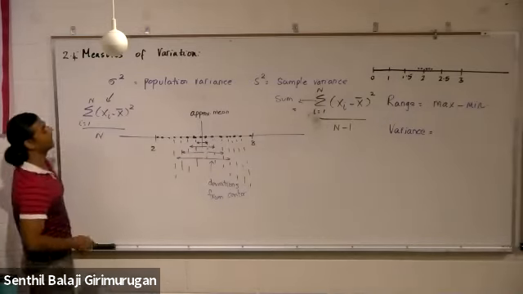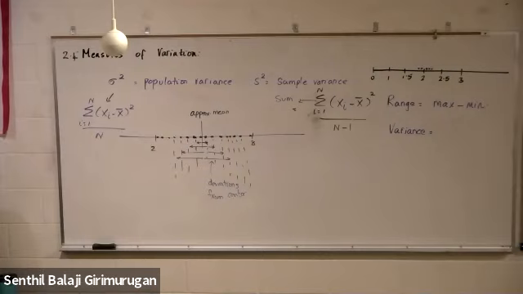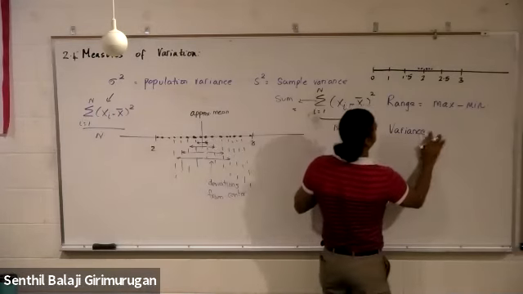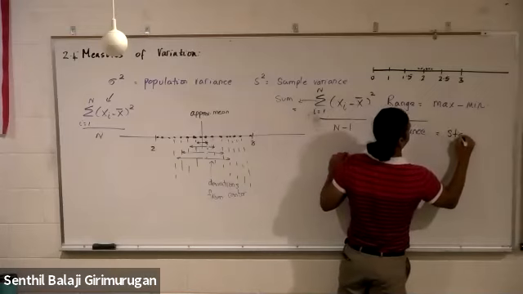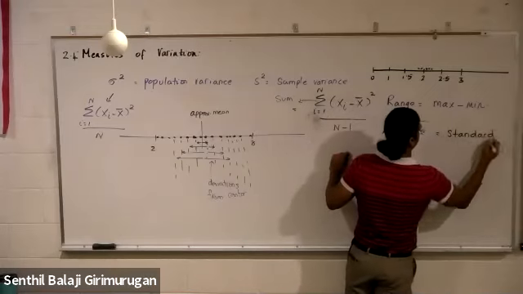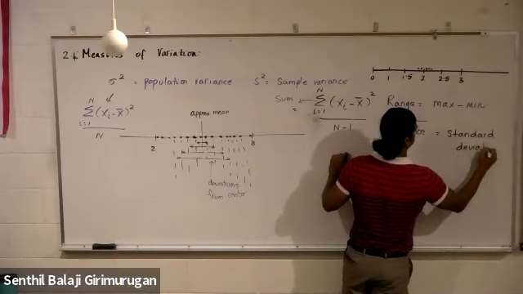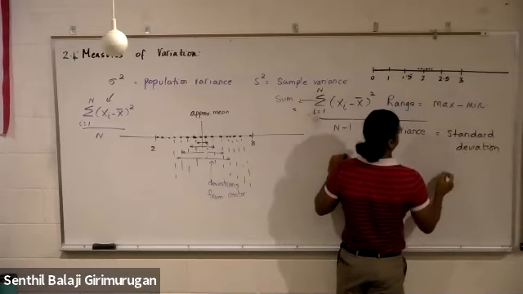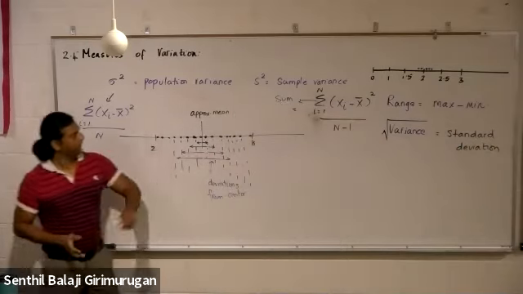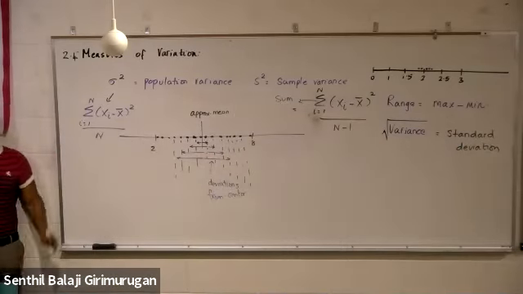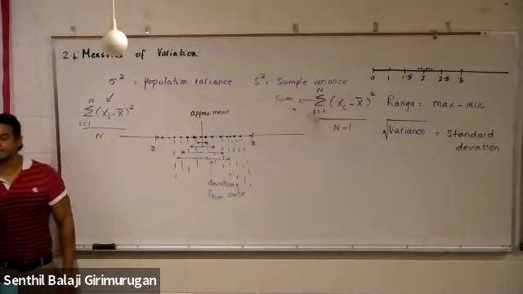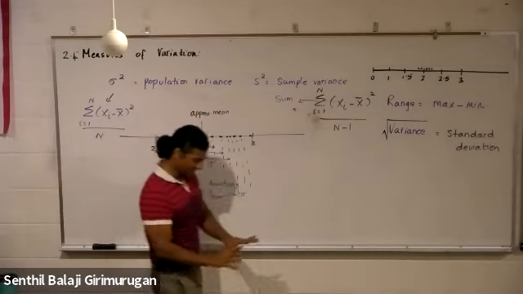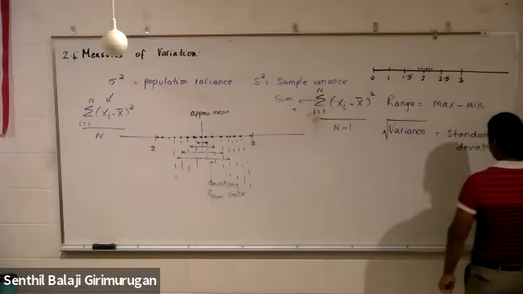That will give you the sample variance. Here you have the population variance. Good. Whatever number that we find, if we take the square root of it, we will end up getting the standard deviation. This can be done using the calculator also.